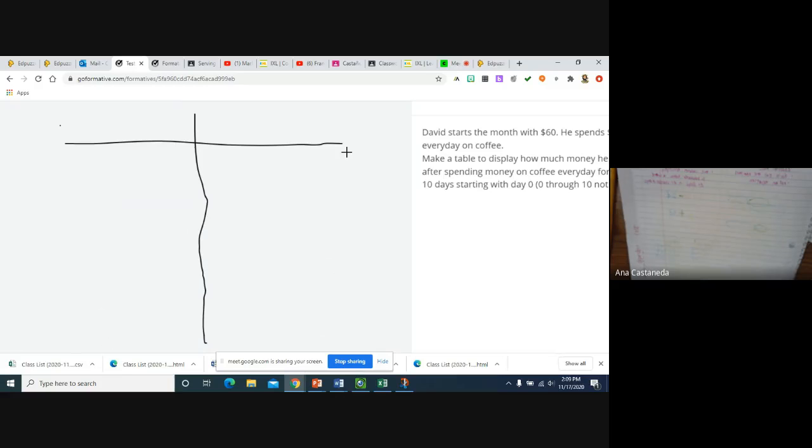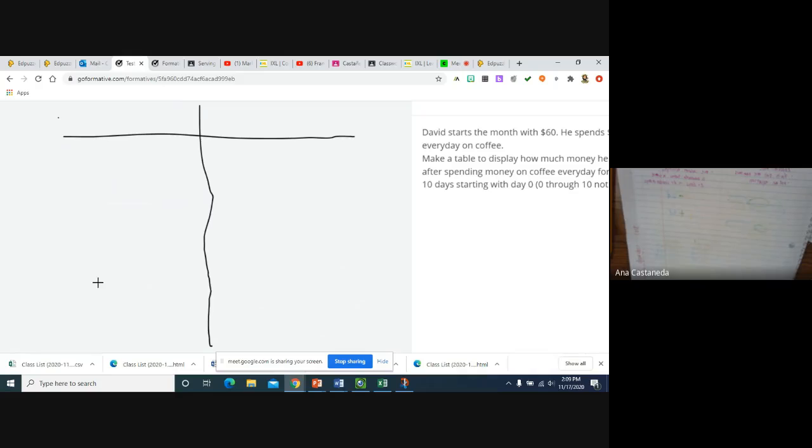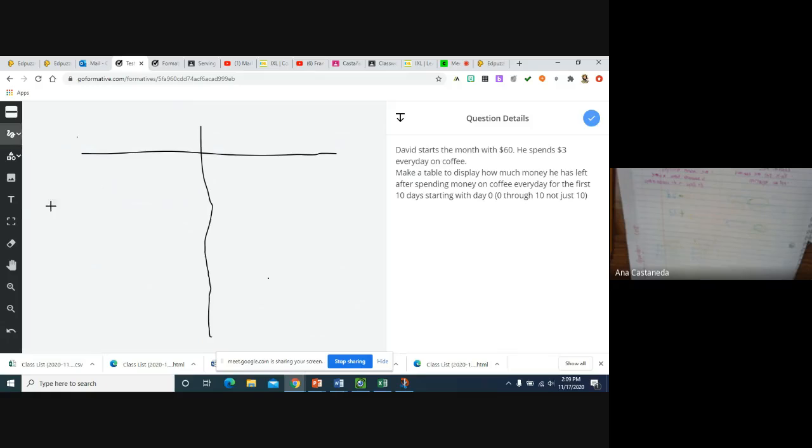How do I make it so it lets me draw? I don't want to write everything out. Oh, there it is. Okay. So it's asking us to make a table of how much money he has left. Here I'm going to put David's money.